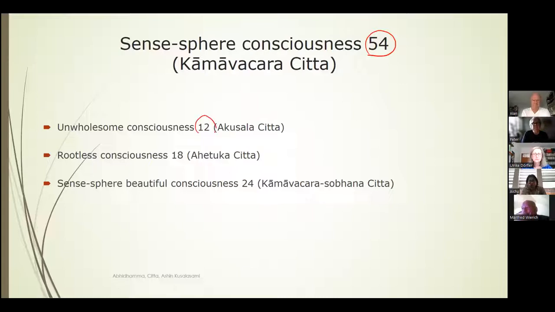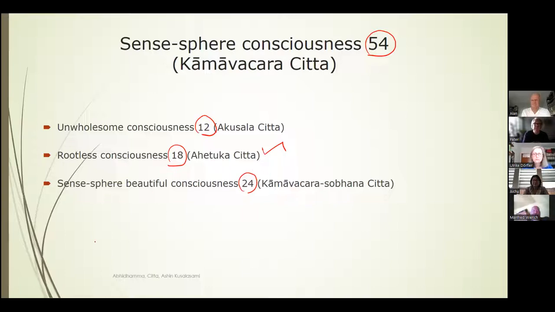So 12 unwholesome consciousness, in Pali Akusala Chitta, and 18 rootless consciousness, which will be taught today. We'll talk about these 18 rootless consciousness today. And the next group is 24 sense-sphere beautiful consciousness, Kamavacara Sobhana Chitta.